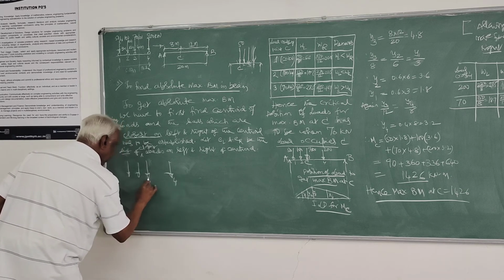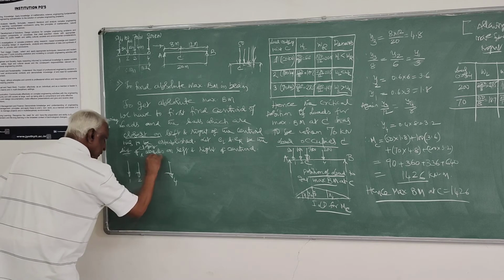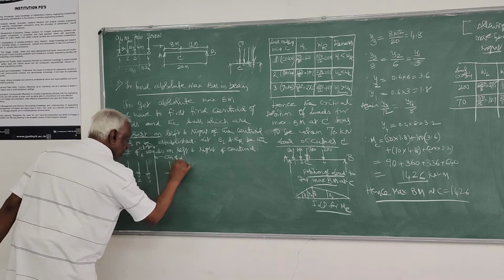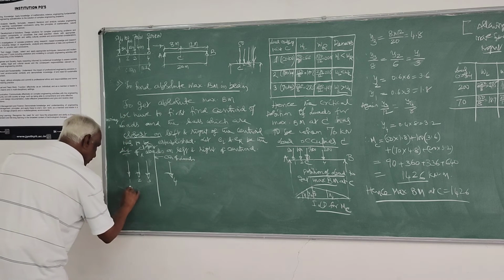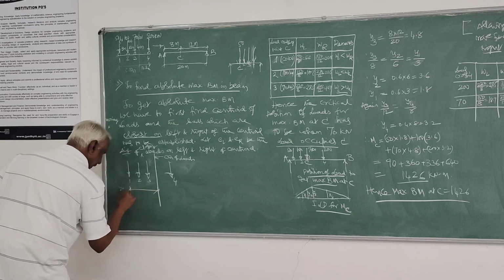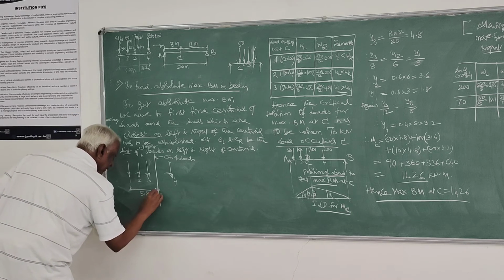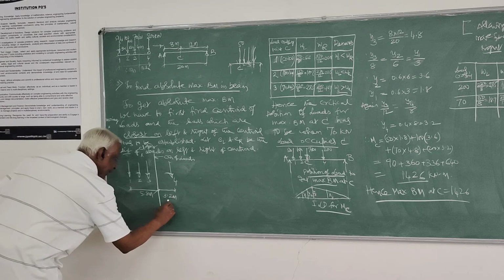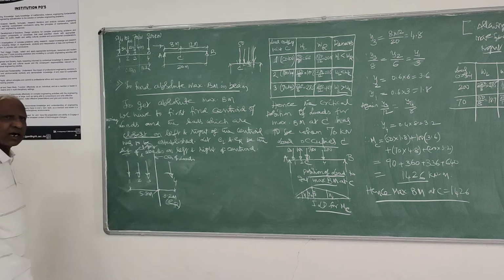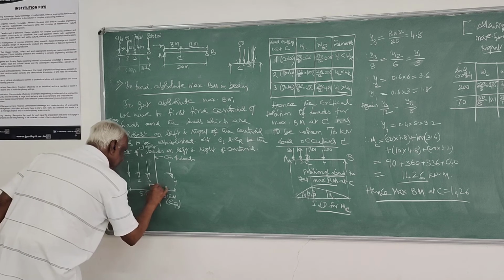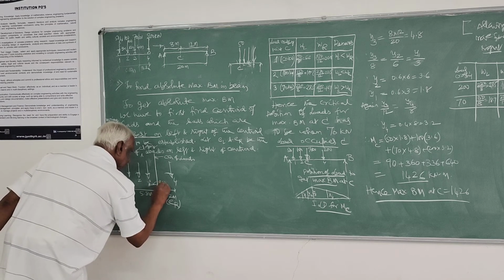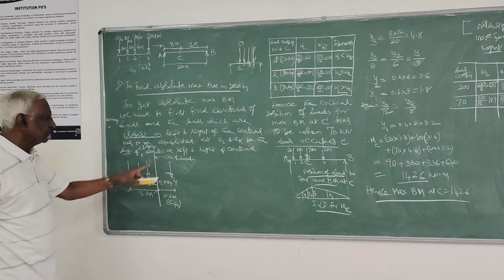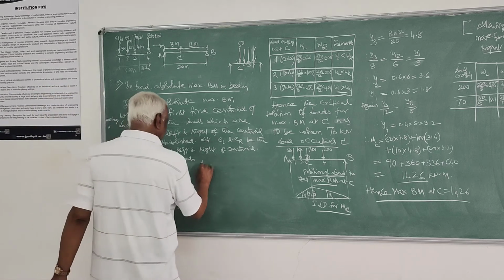This is load 4, 3, 2, 1. So this is the CG of loads. That we have already done the calculation for. Here this will be 5.8, this is 3.2, and this we call ER, and this is EL, which is 0.8. This you have to establish, on the left and right side.